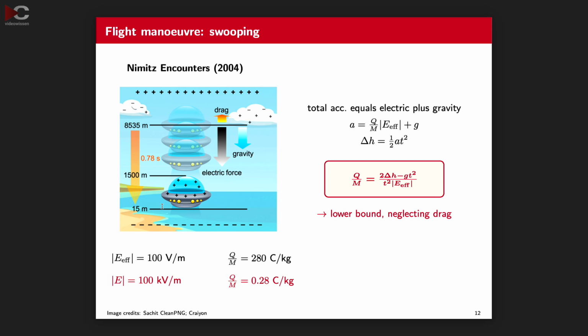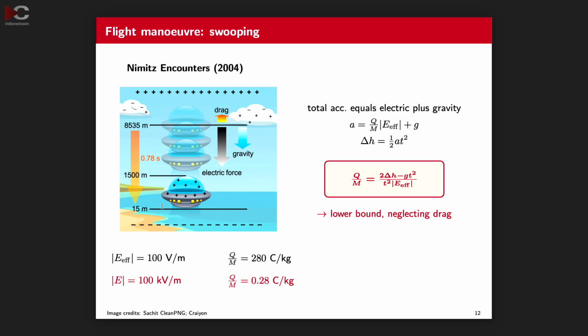If I assume that the effective field is 100 volts per meter, then the Q/M ratio amounts to 280 coulomb per kilogram. This is again quite high, and it seems to be putting a lot of charge on this UFO, which may be physically impossible based on the materials that we currently know.